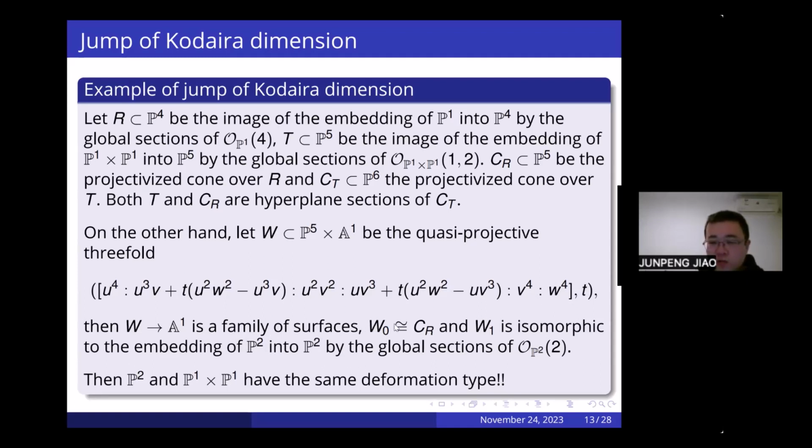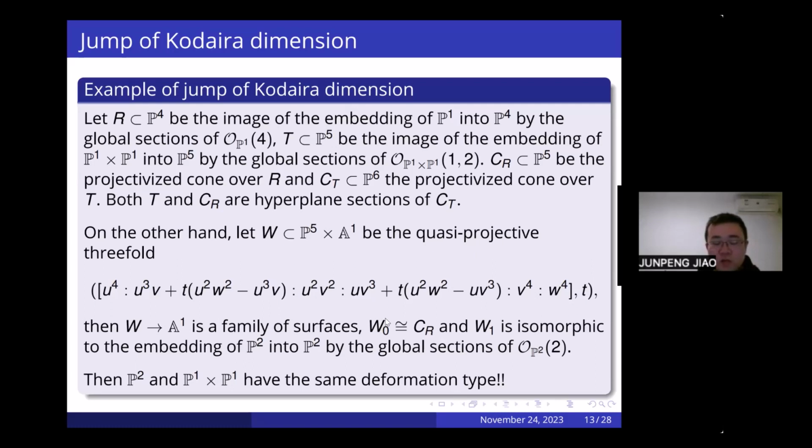When t equals 0, this is u^4, u^3 v, u^2 v^2, u v^3, v^4, and w^4. Then this W_0 is isomorphic to C_R.